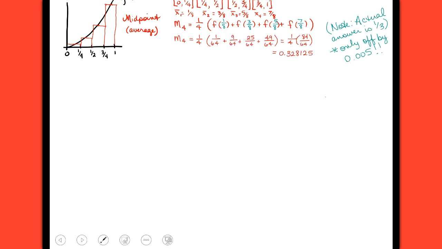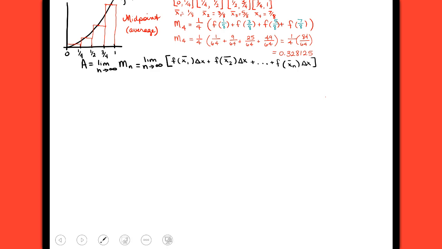So 1/8 squared is going to give me 1/64. 3/8 squared is going to give me 9/64, and so on. And if you'll notice the answer that I get, look how amazing that approximation is. I am only off by 5/1000ths using 4 rectangles. Not 50, not 100, 4 rectangles with midpoints.